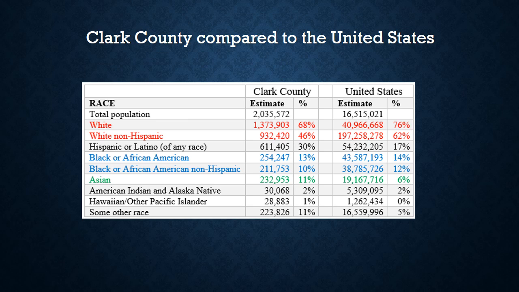Oddly enough, the black African American population in Clark County is lower than the national average, but the Asian population is almost twice as large as the national average. Partially, of course, that's because the Asian immigrants are more likely to have come to the U.S. through California, and this is one of those places that they might eventually gravitate to.